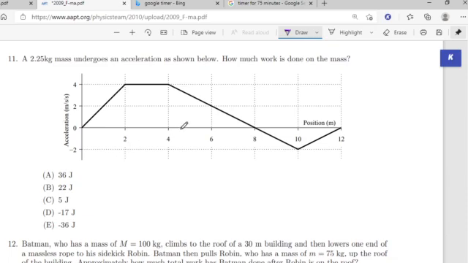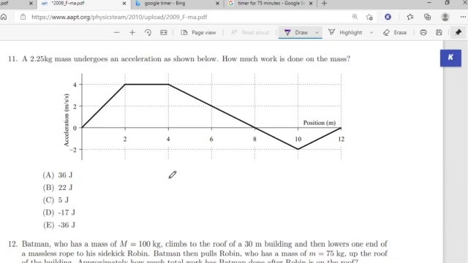It's acceleration with respect to position. I'm not quite sure how to, oh wait.